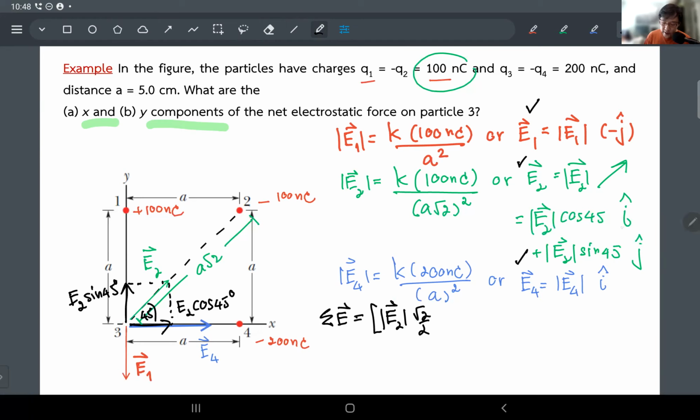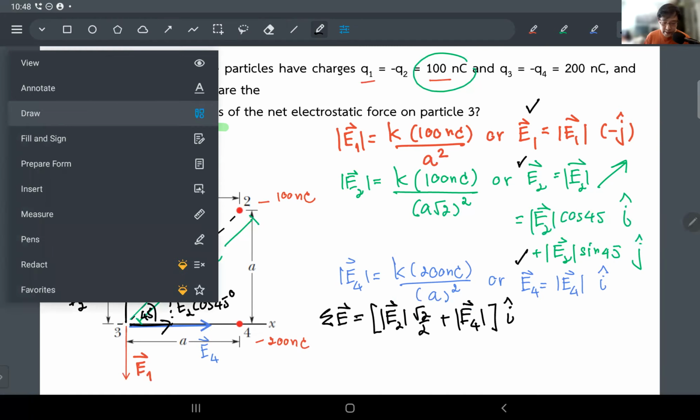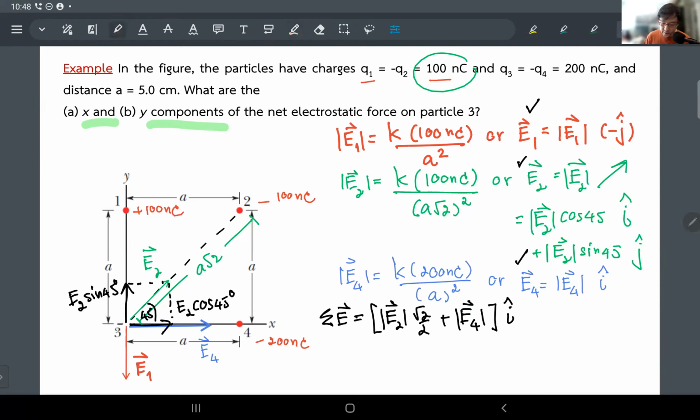So the first component is coming from the I components of E2 and the blue one, E4. Perfect. That is in the I direction. With me, guys? This is good. So let me highlight this. That's here.